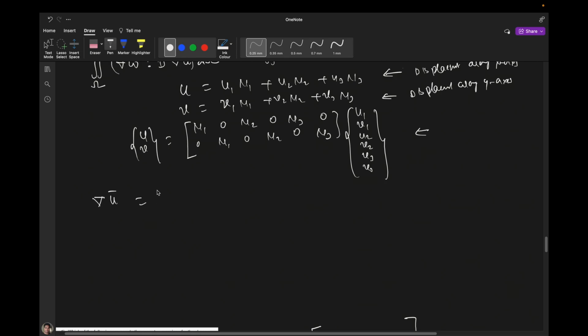That will be nothing but del u by del x i cap plus del u by del y j cap, which means that we need to find the same thing as a partial derivative with respect to x and y.